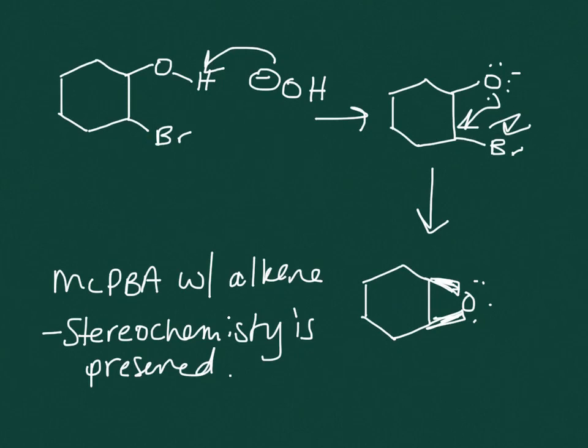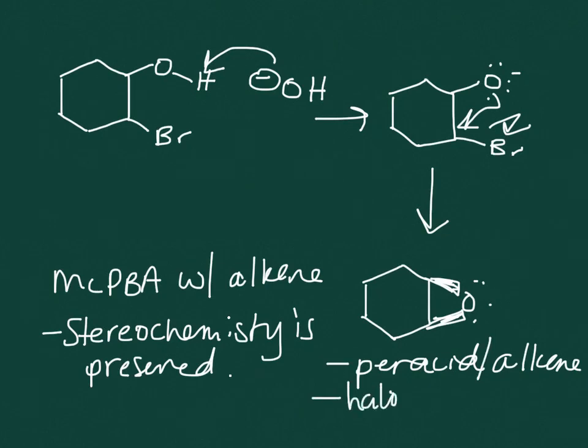So now we have two methods for making epoxides. We can use a peracid and an alkene, or we can do a halohydrin and a base. So we need to add these reactions to our reaction roadmap.